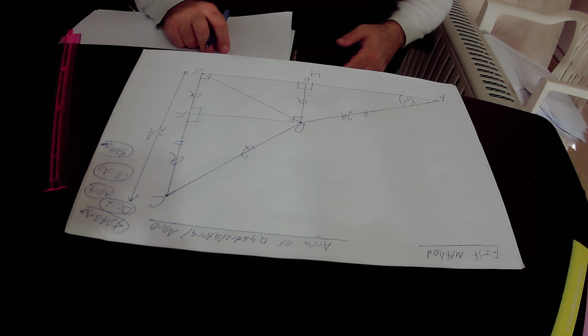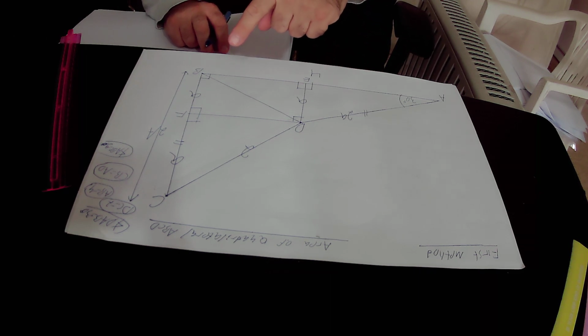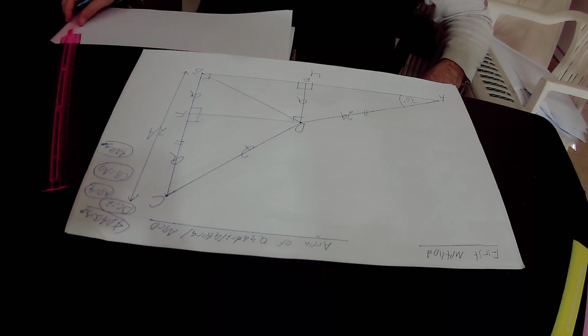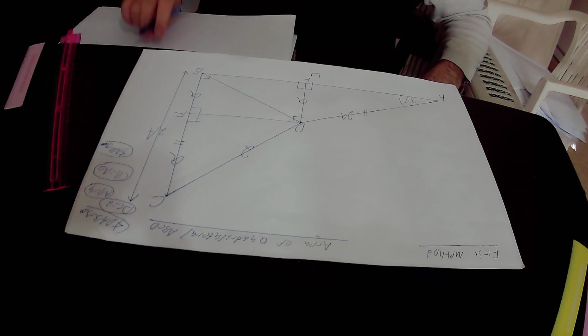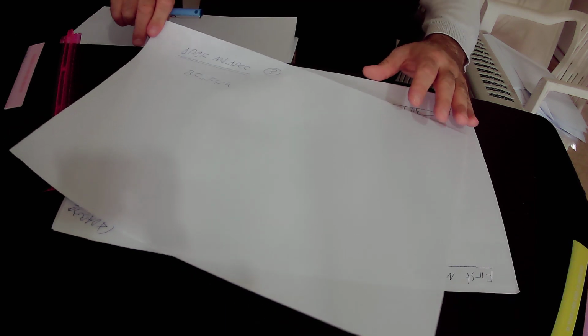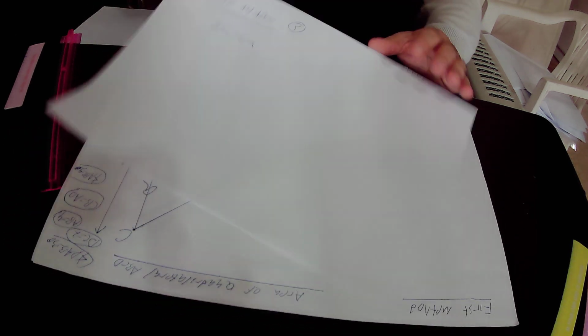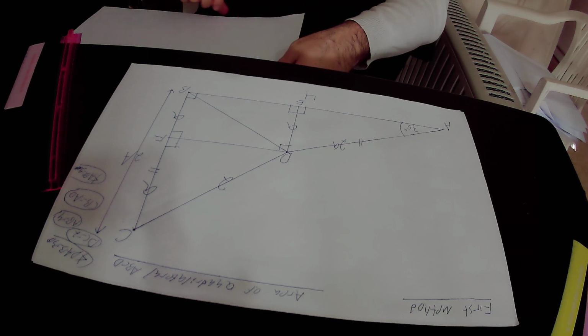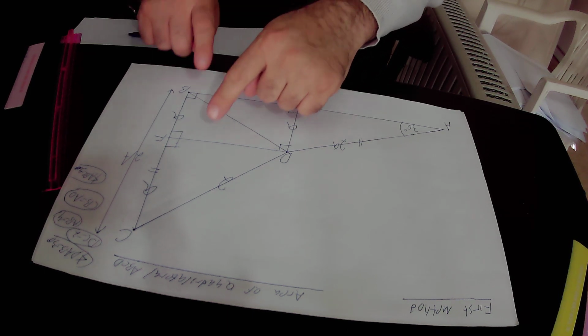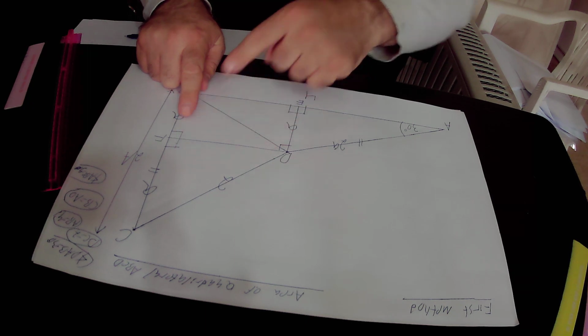First of all, BF equals FC equals A. We also know that those two angles are equal to each other, they are both equal to 90 degrees.